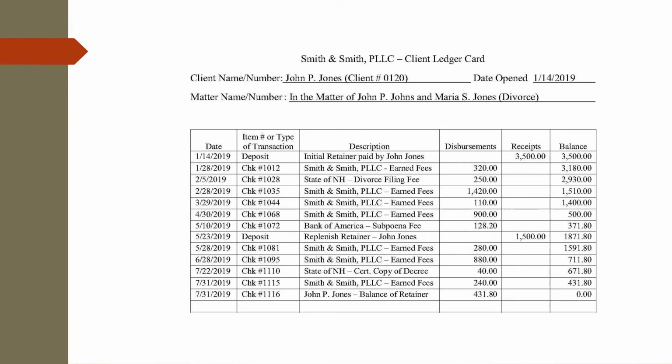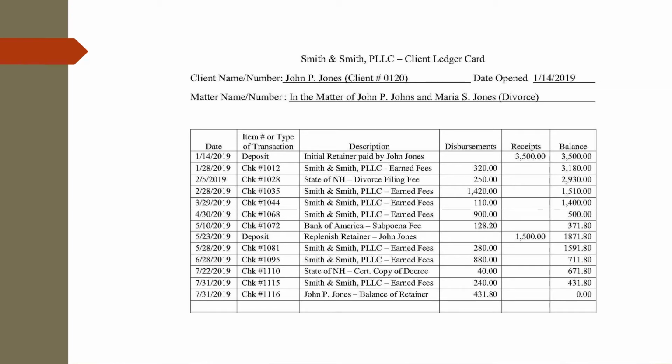On the screen now is a sample client ledger card for the law firm of Smith & Smith. Notice that this client ledger card contains all of the transactions that relate to the John and Maria Jones divorce.